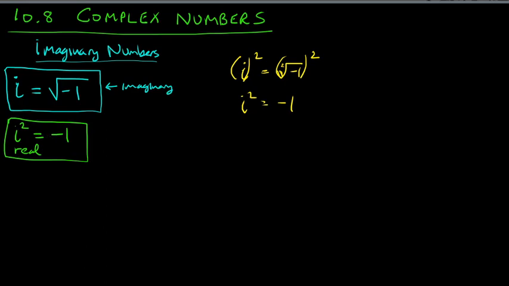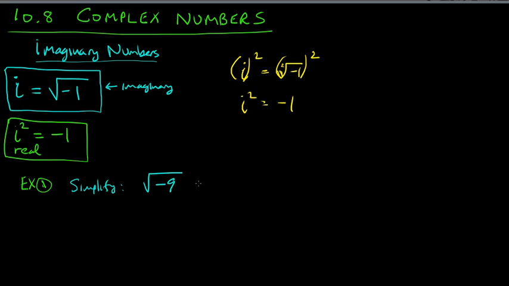Okay, we're not going to do a whole lot with these. It's basically just manipulating numbers that are imaginary. In particular, let's look at the following example. I'll call this example 1. We want to simplify the square root of -9.